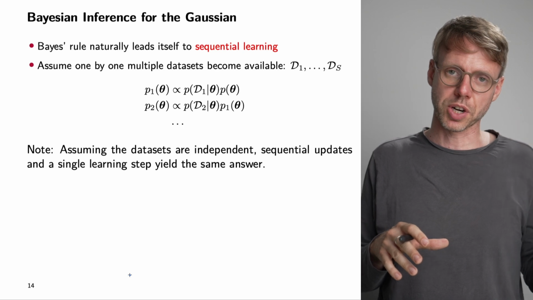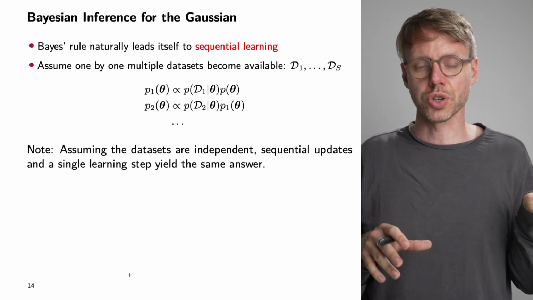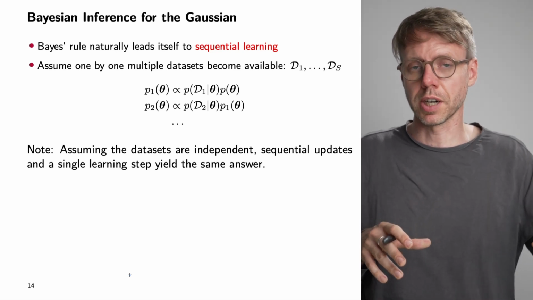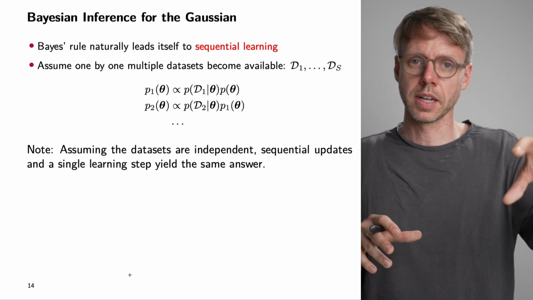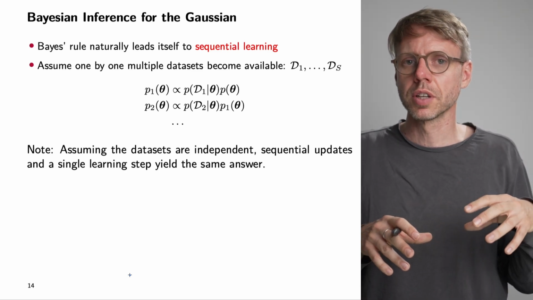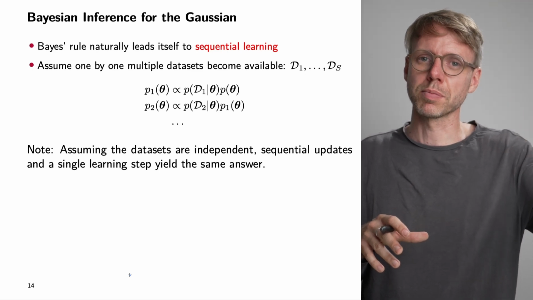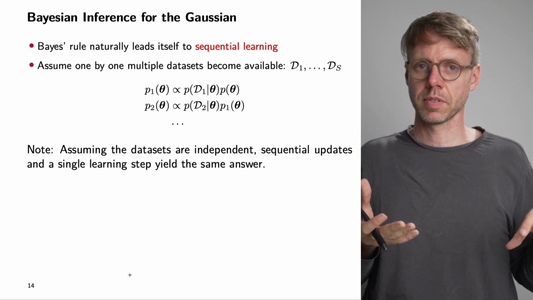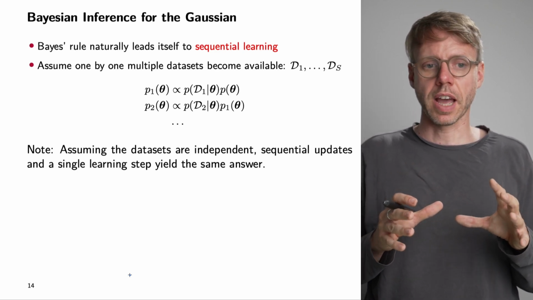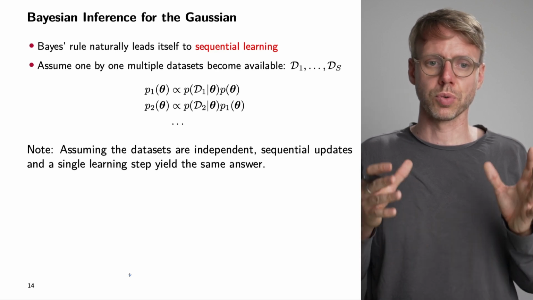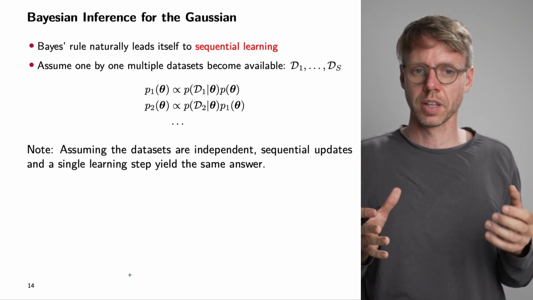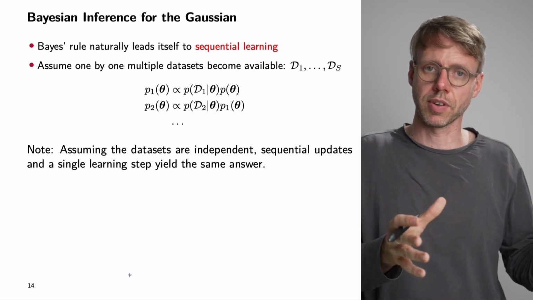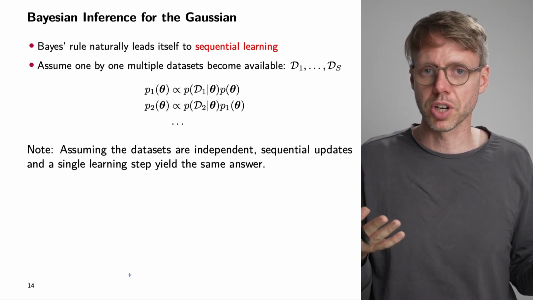Once we have exponential families and we're working with conjugate priors, we know that if we observe a data set, then the posterior will have the same functional form as the prior. So why not then use this posterior distribution again as the prior if we observe more data? Bayesian inference, in fact, naturally lends itself to sequential learning, where in the beginning you don't know anything about your data, so you just define the prior based on the best of your knowledge about the problem.